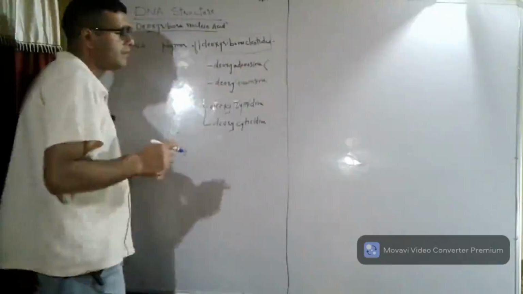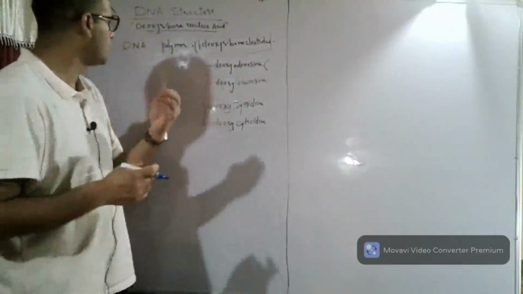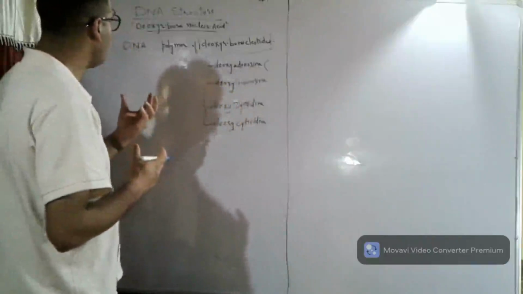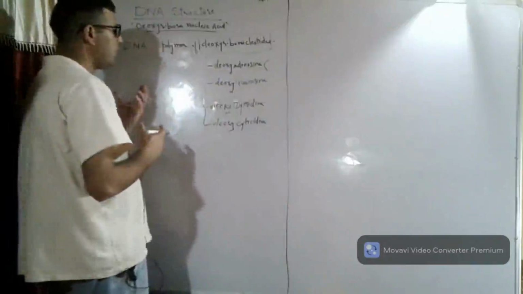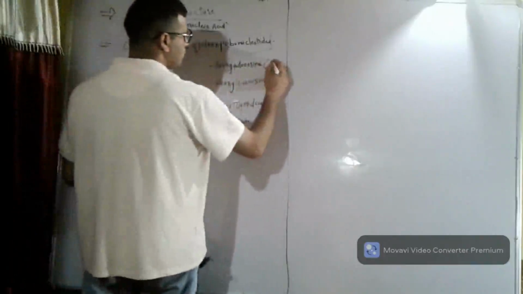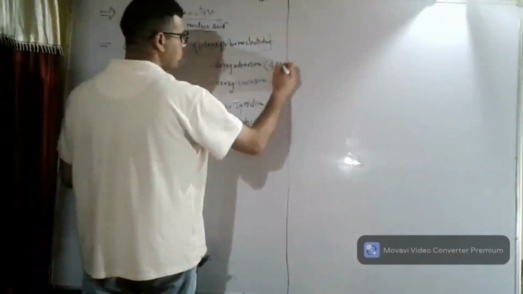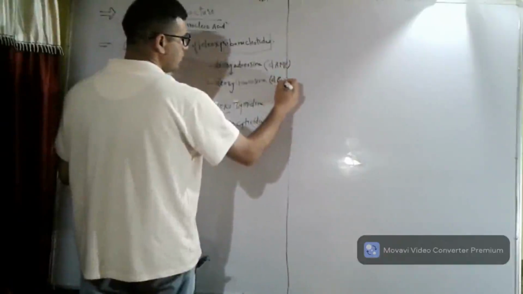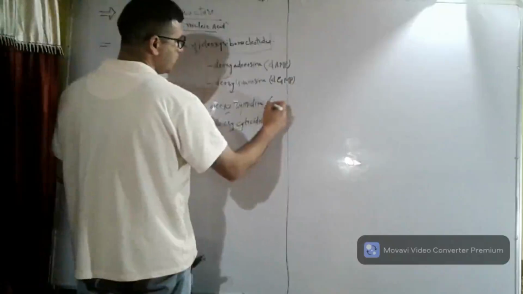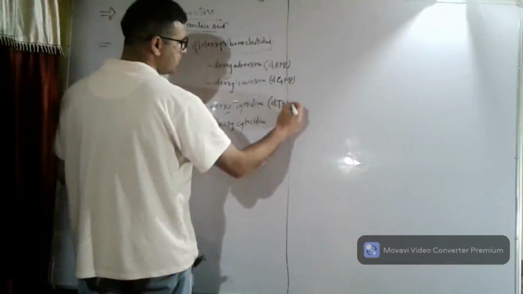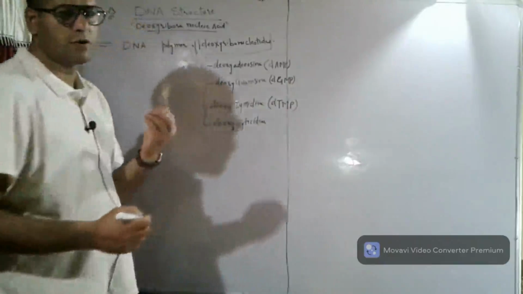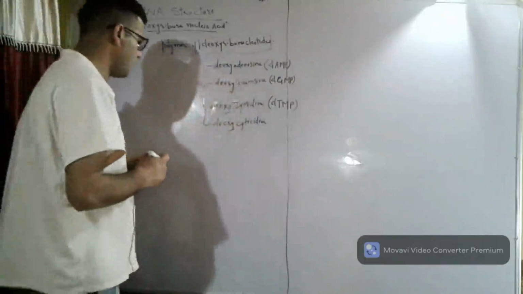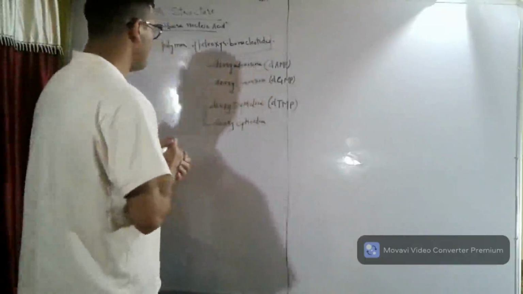Or we can also write that deoxyadenosine monophosphate is a basic unit, a building block of the DNA. That is deoxyadenosine monophosphate, deoxyguanosine monophosphate, deoxythymidine monophosphate, and deoxycytidine monophosphate, because monophosphates are the actual units of the DNA.